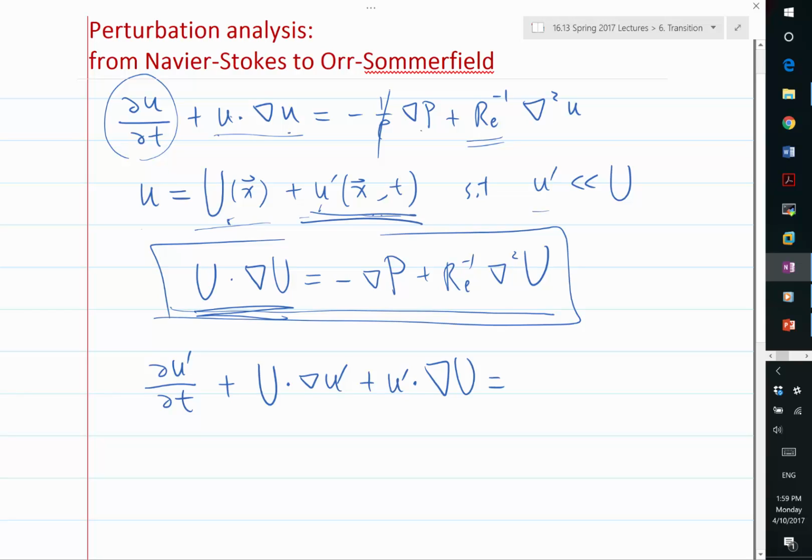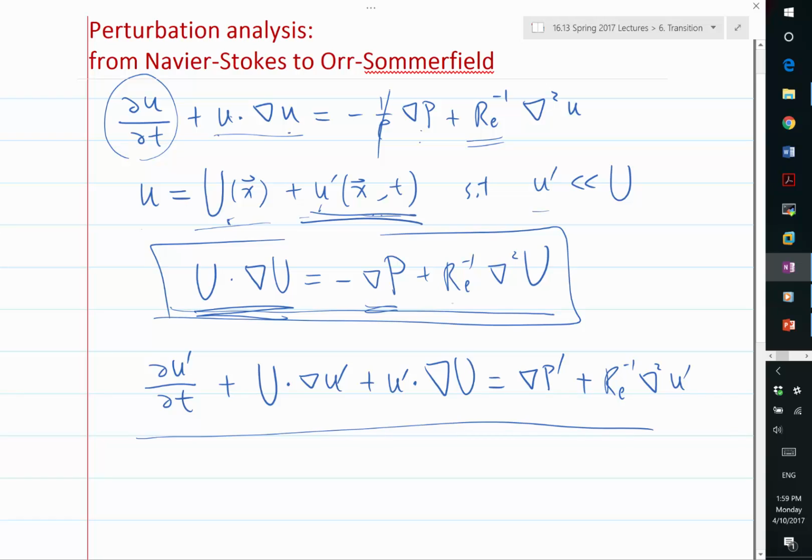All the other terms are linear. So the grad p has split into 2 terms. One term is just this, gets cancelled by the big equation, and the rest is grad p prime. And also the same thing, we have the leftover term Re inverse times Laplacian of u prime.